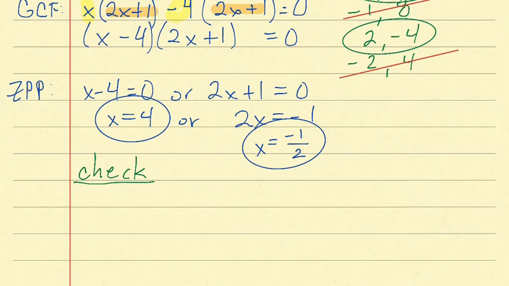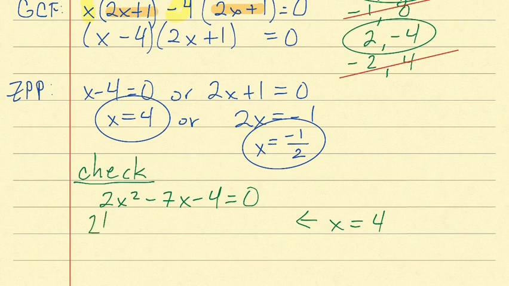The original equation was 2x squared minus 7x minus 4 equals 0. I'm going to substitute x equals 4 to find out if it makes this equation true. So everywhere there's an x, I replace it with a 4.